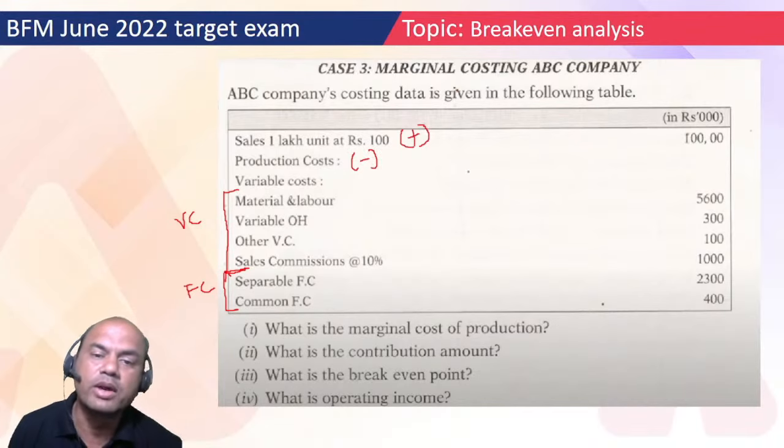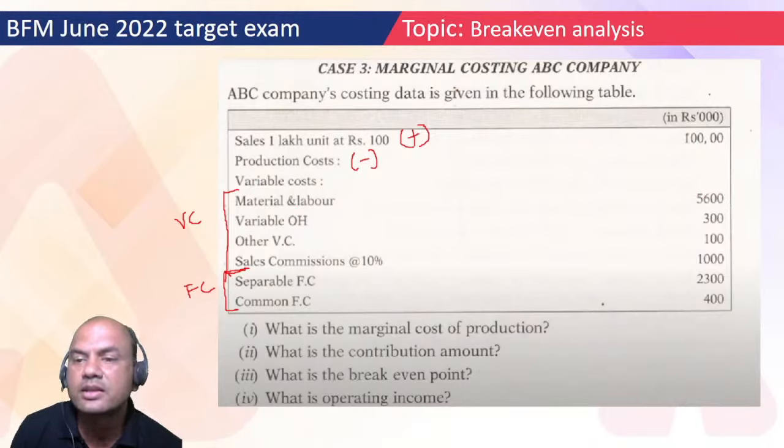Okay, now what is given in variable cost? There are 4 items given. Material and labor 5600, 1000, again 3 zeros over here. Okay, so 56 and 5 zeros. Okay, next variable overheads, so 3 lakh, again 3 and 5 zeros. Other variable costs 100, so 1 lakh. Okay, sales commission at 10%, that is 1000.